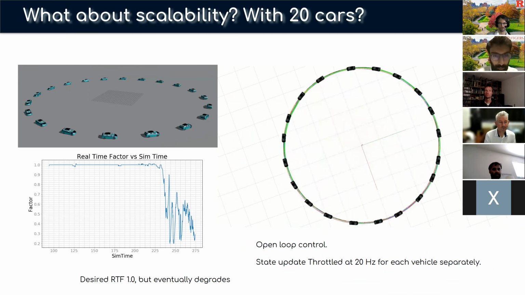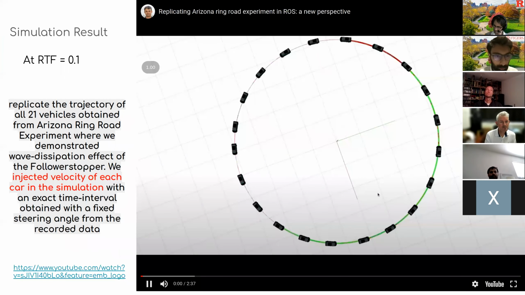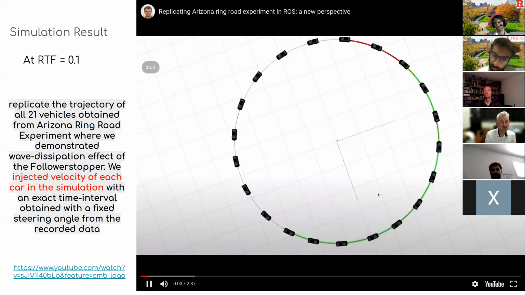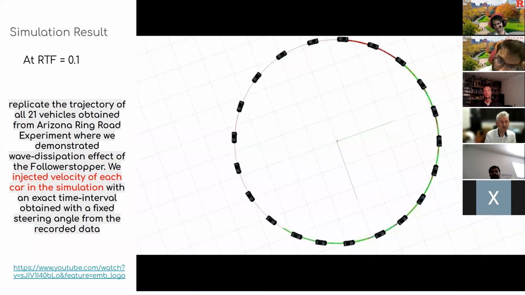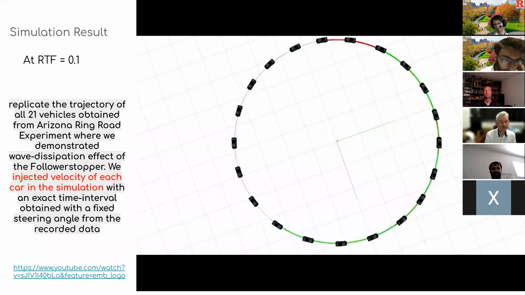So the idea from now onwards, I know that I cannot simulate at a real time factor of 1, so let's explicitly simulate at a much lower real time factor. And this one was simulated at a lower real time factor. This runs very nicely, and almost like the repeatability is achieved in this case.